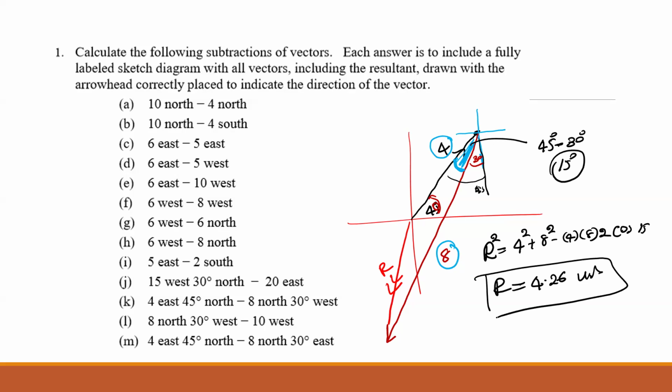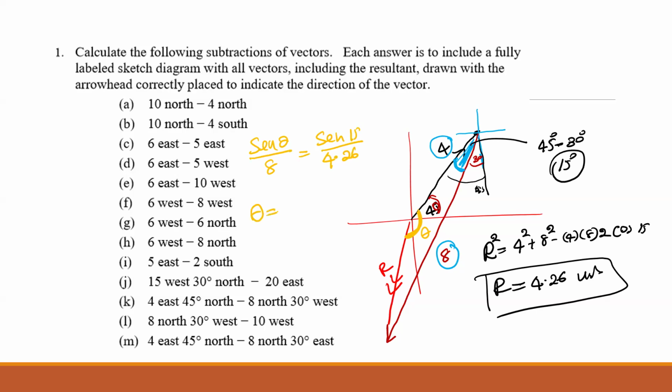That's done. How do you find the angle now? Well, you need to find this angle, isn't it? Sine rule. So you just take this as theta. So how do you write it? Sine theta over the opposite length, which is 8, equals sine 15 over R, which we found 4.26, isn't it? So you can find the theta.